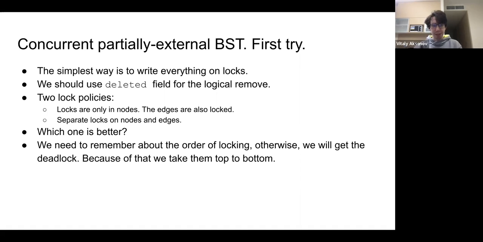And there are 2 lock policies. Either you lock all the nodes, or you lock also the edges, and you have separate locks for the nodes and the edges. So what do you think, which one of the lock policies is better?